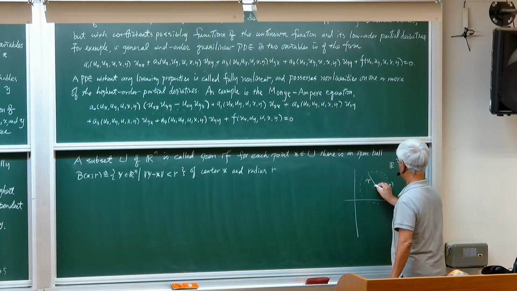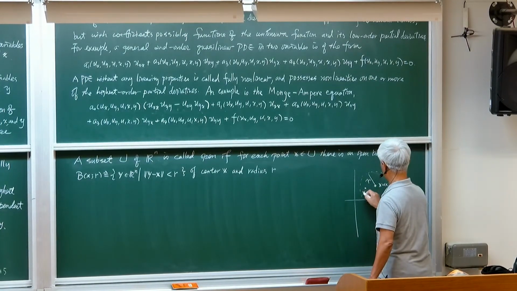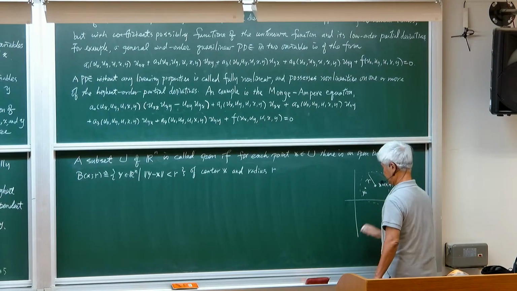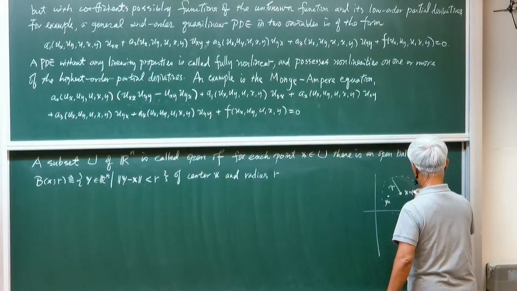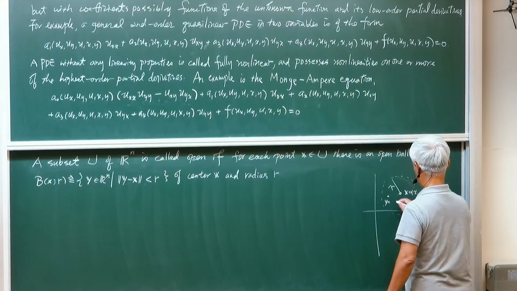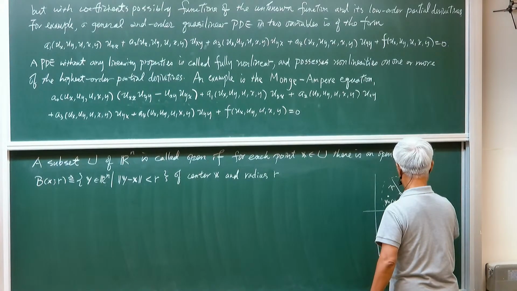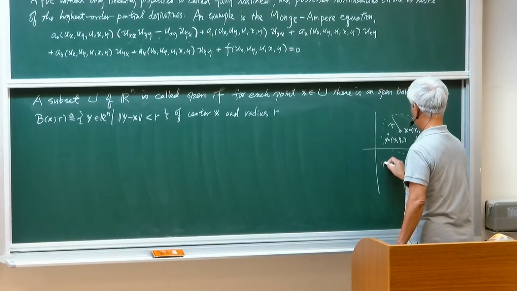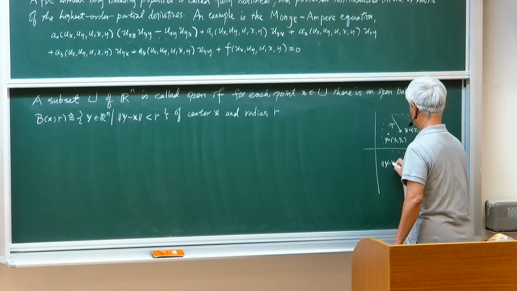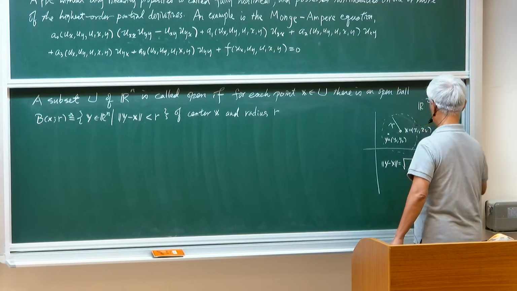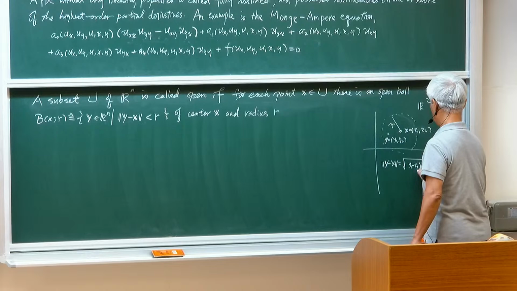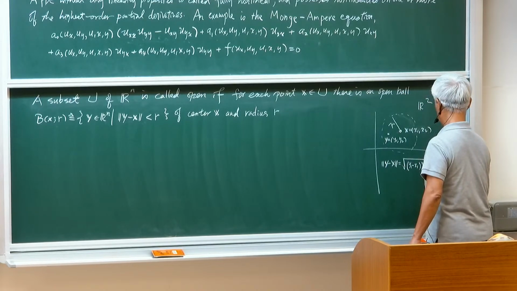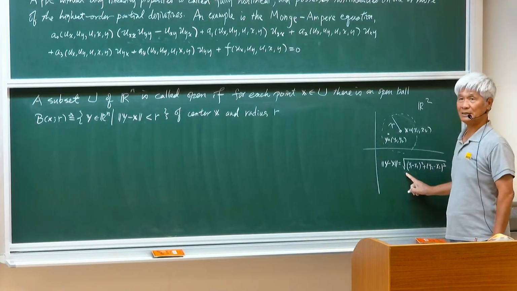If y is here, the distance, which is just the square root of (y1 minus x1) squared plus (y2 minus x2) squared, is the Euclidean distance.